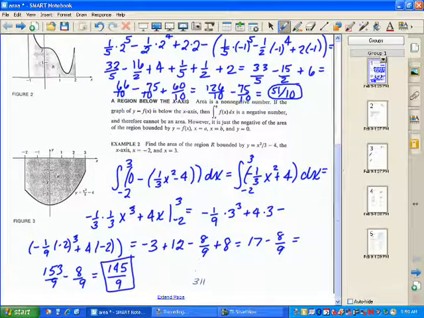And like I said, they are not all going to be by hand. Not even close. In fact, most of them are going to be via the calculator. Okay, and I think we'll do the calculator right now before we get too much farther.